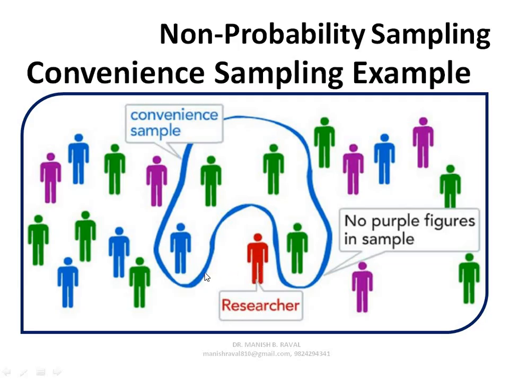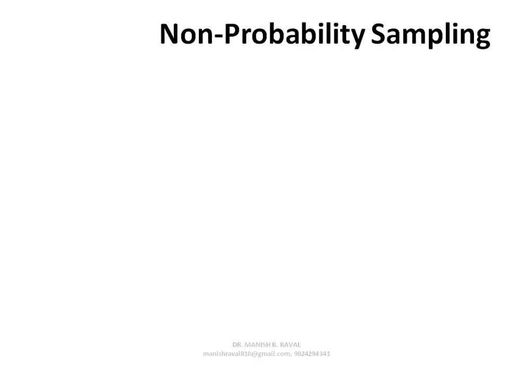The researcher has identified the samples which are near to him, but it does not include this person. So convenience sampling may create certain bias. This is considered convenience sampling, under which the researcher selects the sample as per his convenience or comfort.